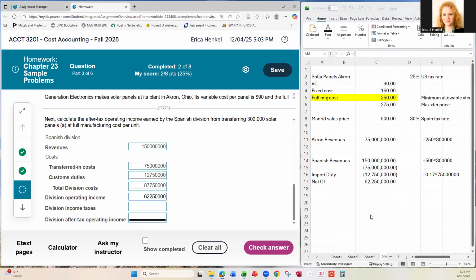Okay, and then the income taxes on that are going to be the 30%, 0.3 times that operating income.